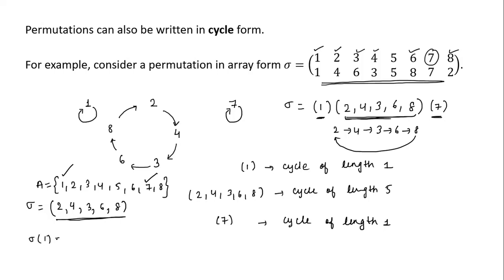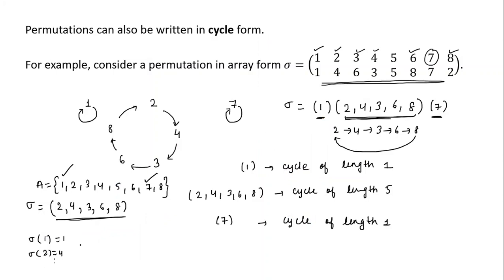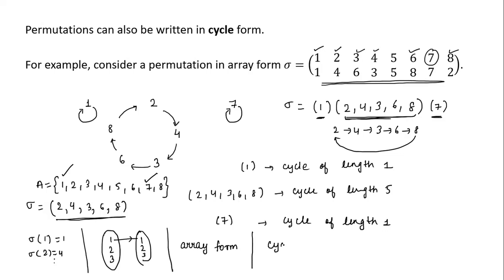So any permutation can be written by specifically mentioning which element is mapped to what, like sigma of 1 is equal to 1, sigma of 2 is equal to 4, and so on. Then we can even represent any permutation using a diagram, where we will be clearly mentioning using arrows which element is mapped to which. Then we saw array form, and now in terms of cycles, we saw the cycle form.